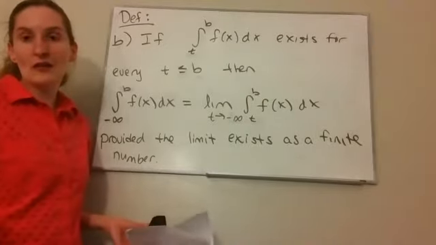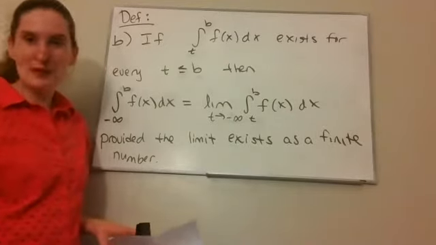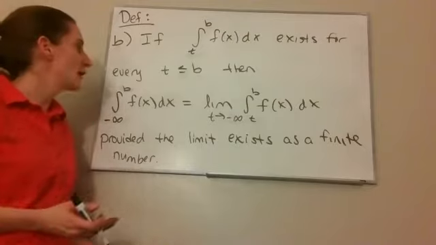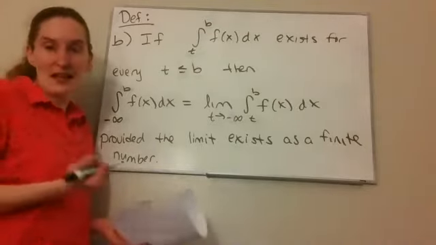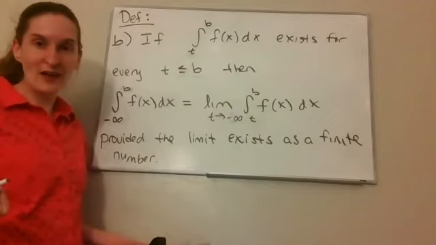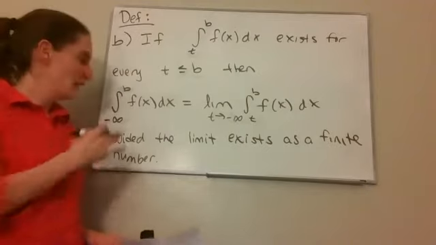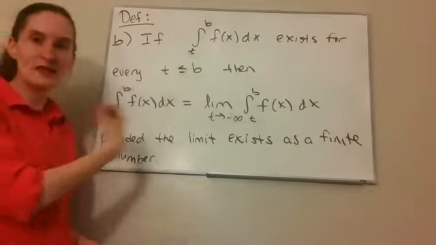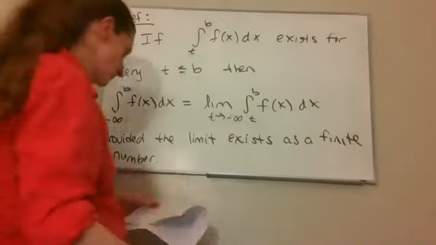So regardless of whether you have an infinite bound for the upper bound or the lower bound, you rewrite it using a limit, calculate it that way, and if you get a finite result, then that integral with the infinite bound is equal to that result.